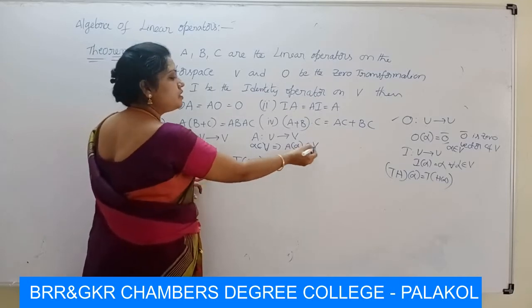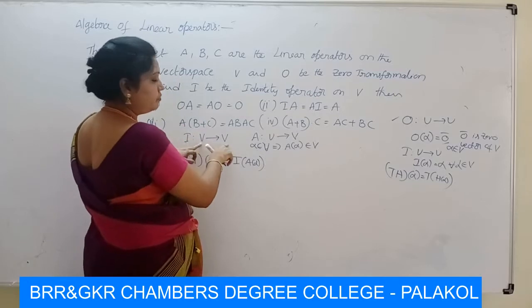Here A of alpha is a vector of V. I is a mapping from V to V.